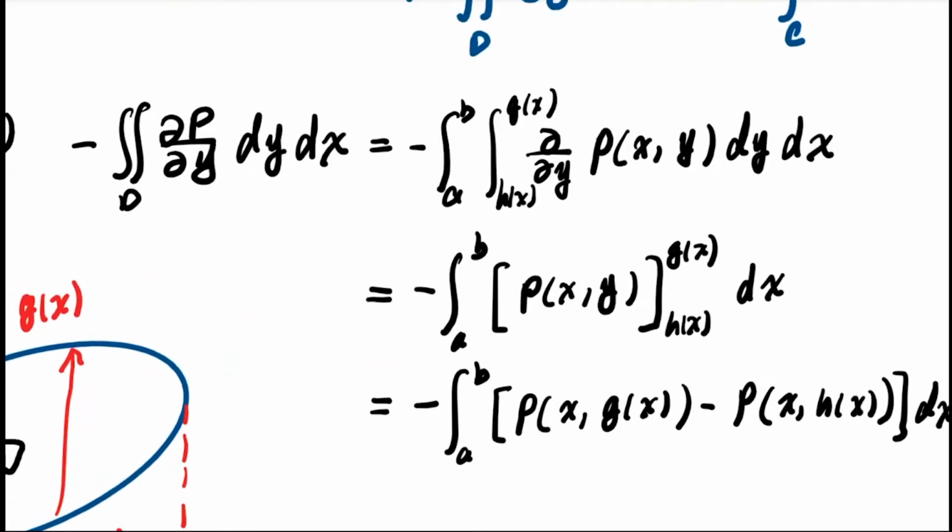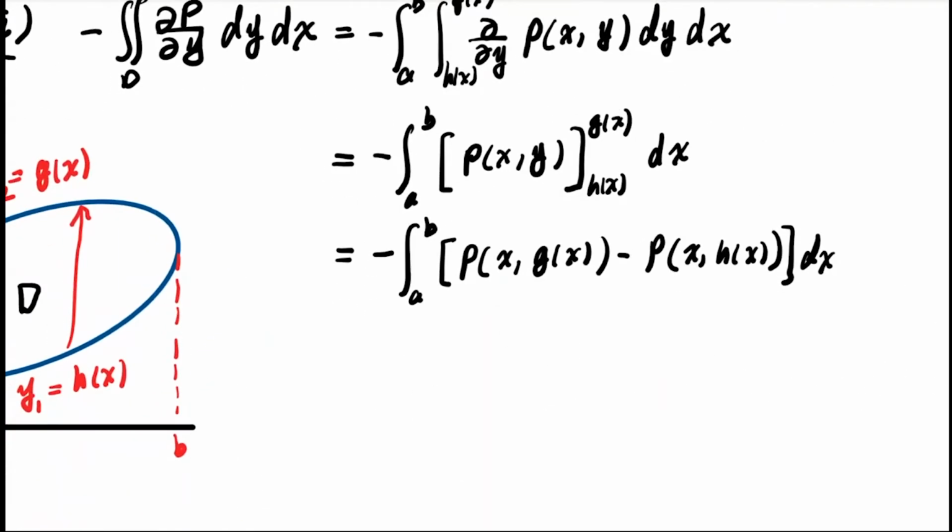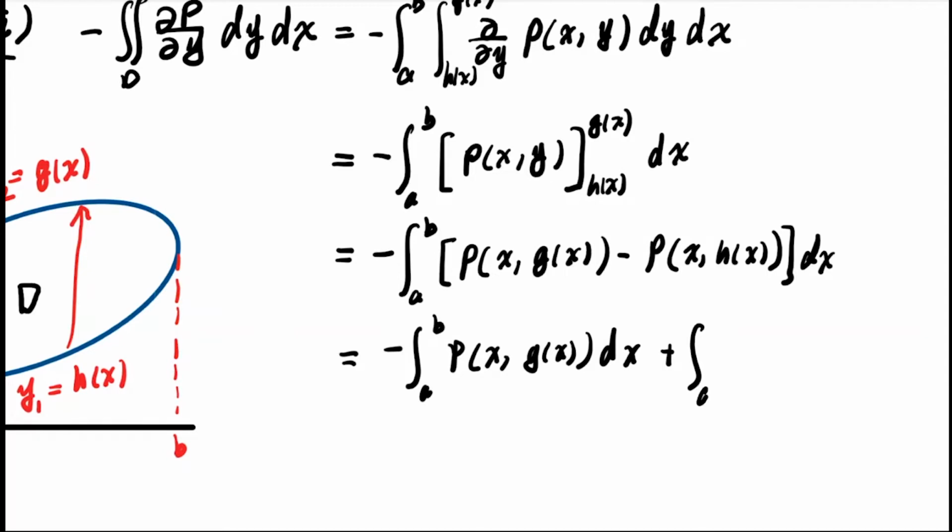Okay. Now I'm going to break this integral into two different pieces. So I have the negative of the integral from a to b of P of x comma g of x dx, and then plus the negative integral from a to b of P of x comma h of x dx. Still with me?